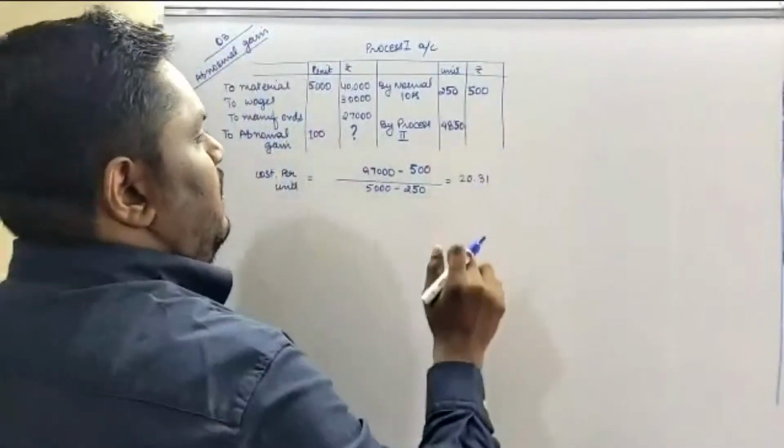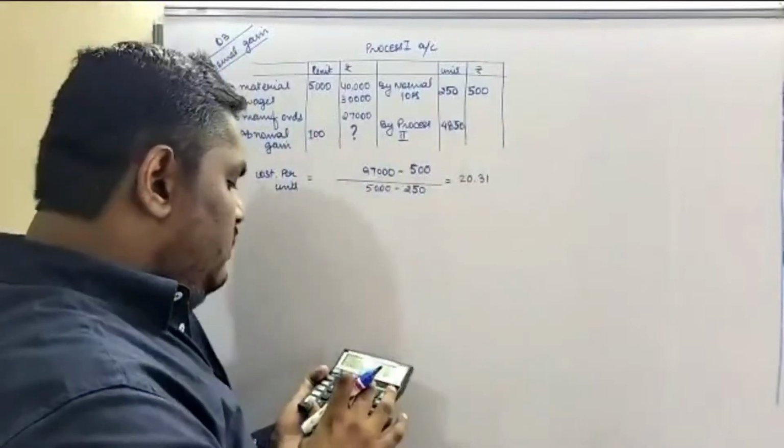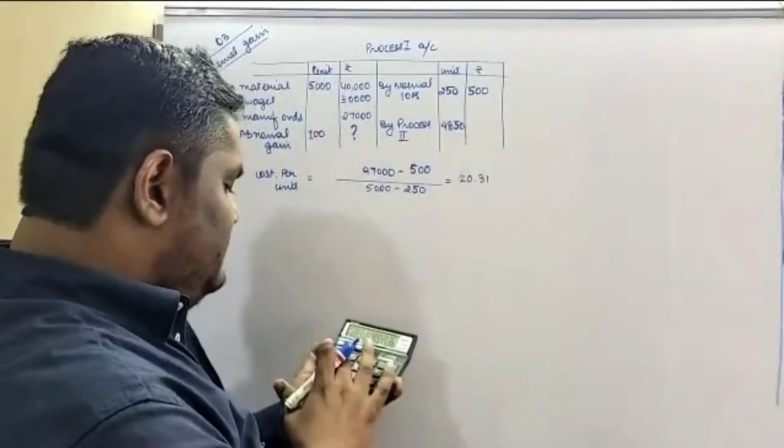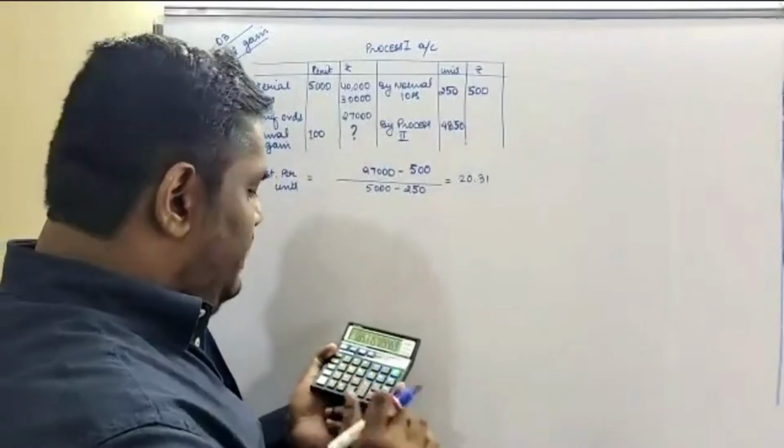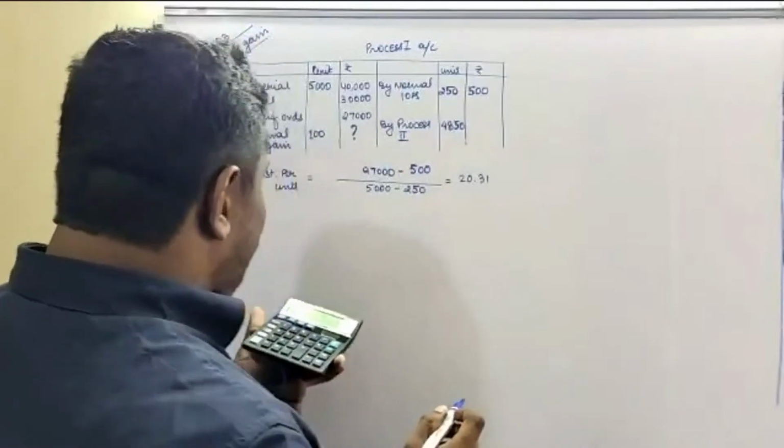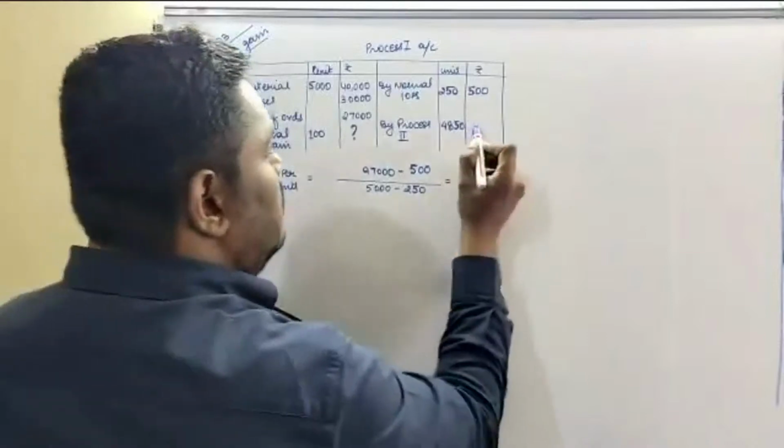So the value of output transferred to the next process is 4850 units into 20.31. So this will be 98,532.